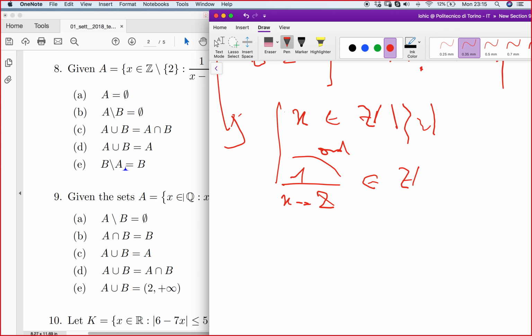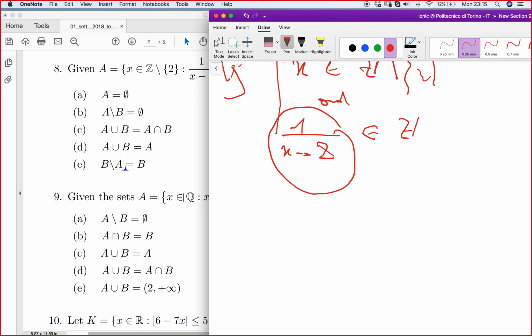For this to be an integer, what are the possible values for x minus 2 to make this an integer? If I take, for example, 11 and I put it here, I will get 1 over 9.